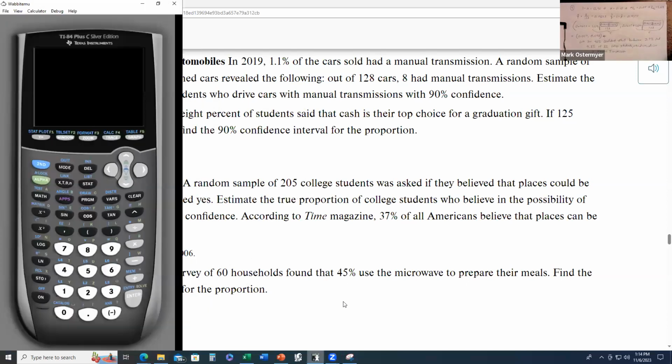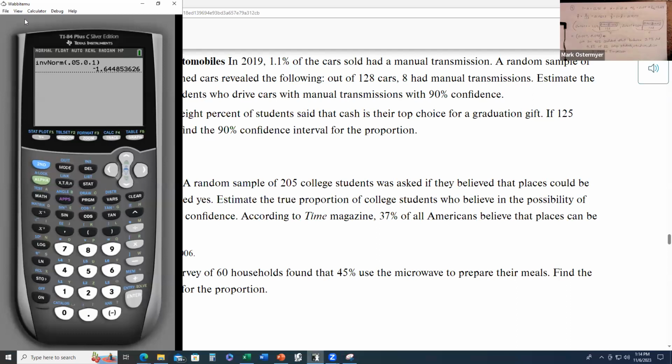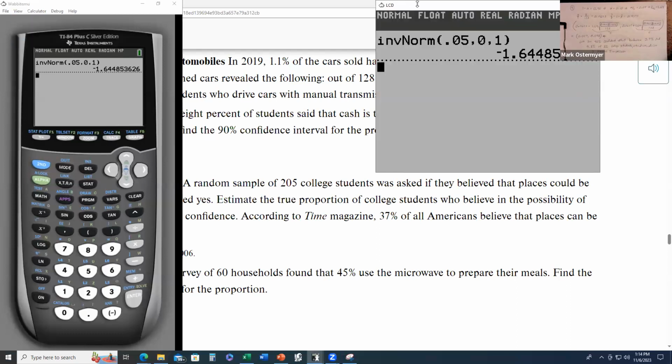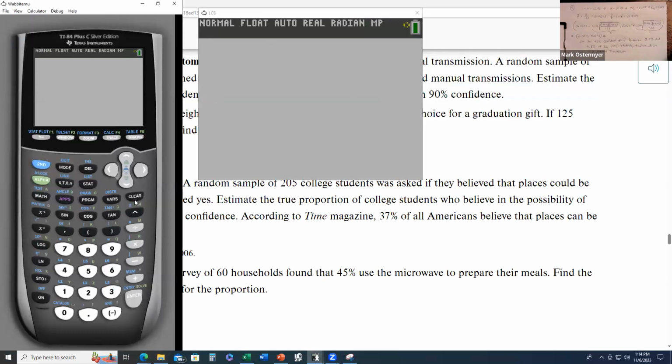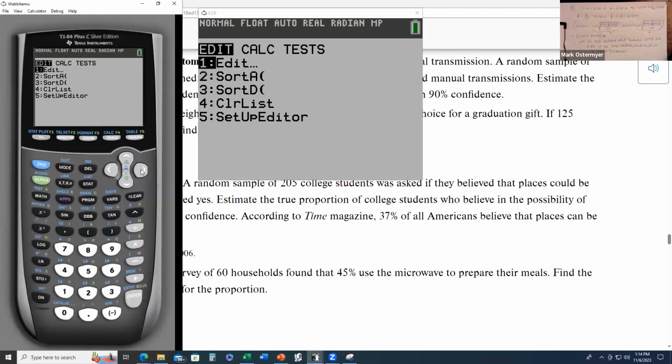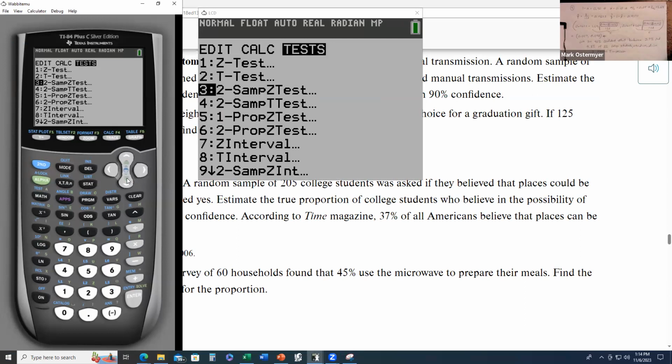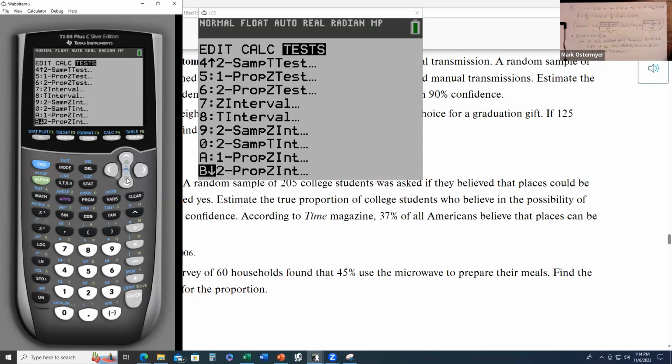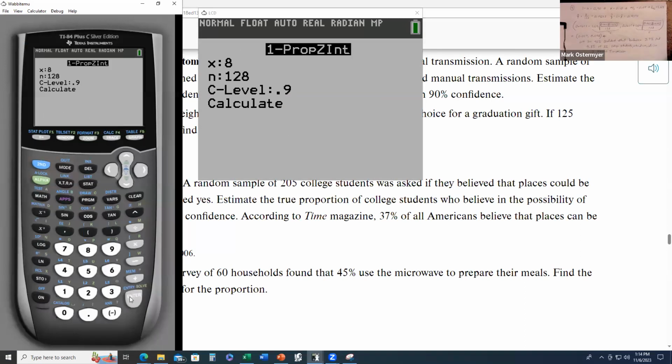We go get the machine. So stat test and go down, scroll down, do you run into the one prop z int function? X is the number of items in a population that exhibit a characteristic of interest.